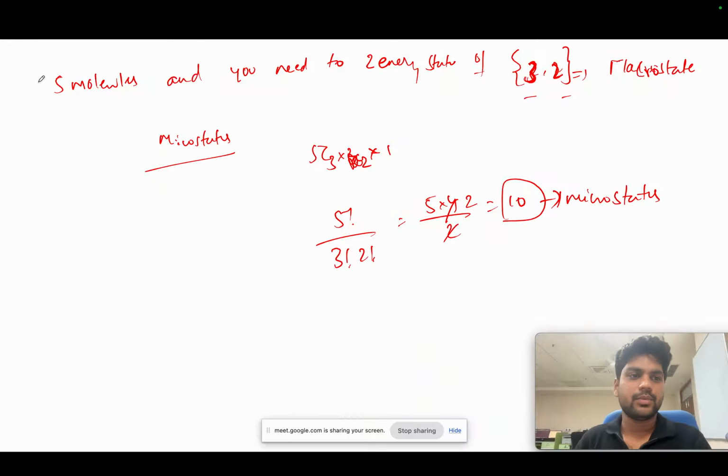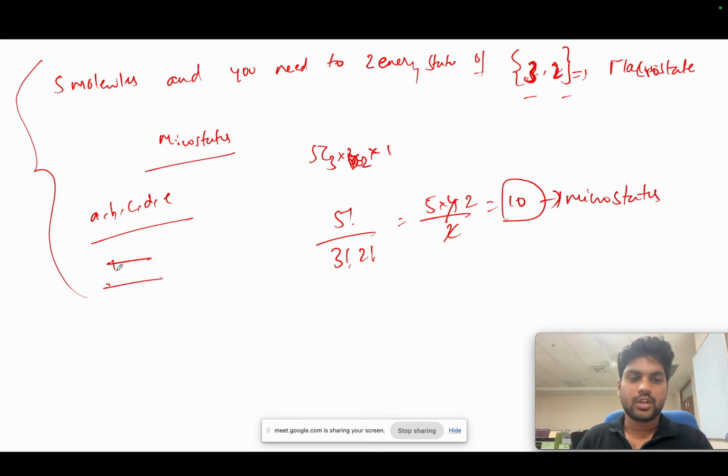You can try this example. You can take 5 molecules A, B, C, D, E, and try to fit them in a 3-2 configuration. 3-2 configuration means 3 will be in the down state and 2 in the upper state.